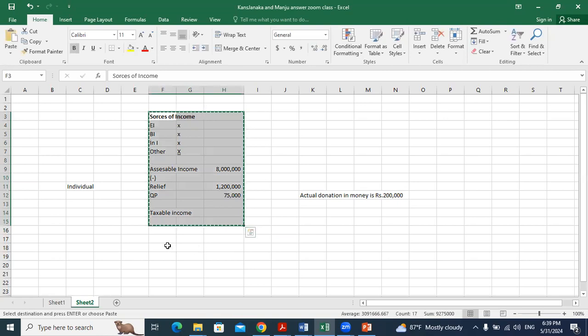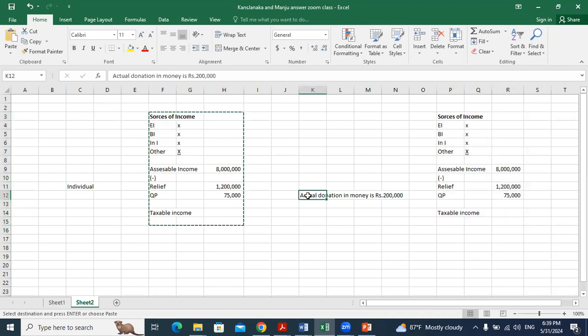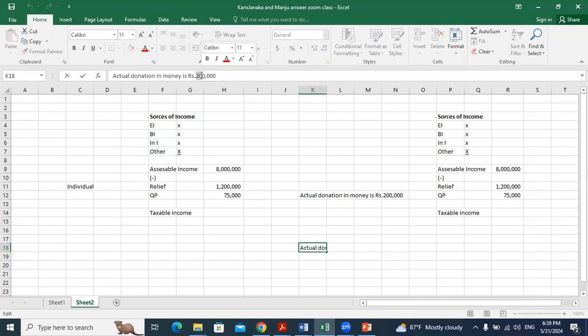Now, let's say some other person has made a donation in money of, let's say, rupees 60,000.